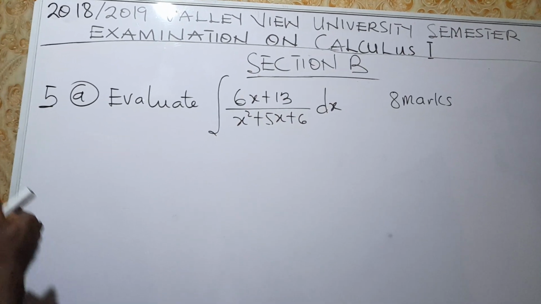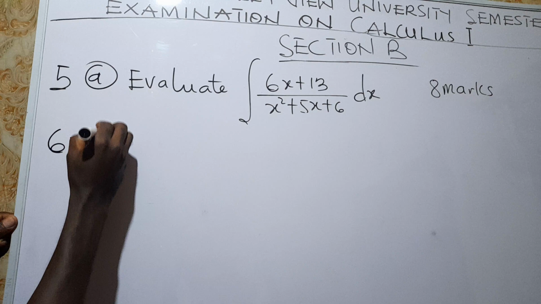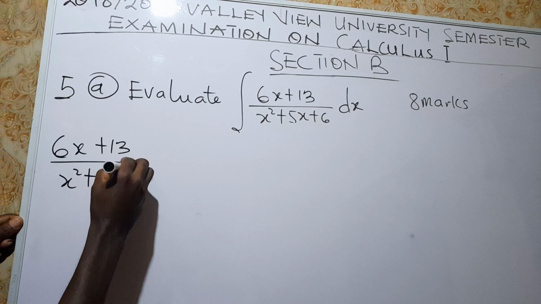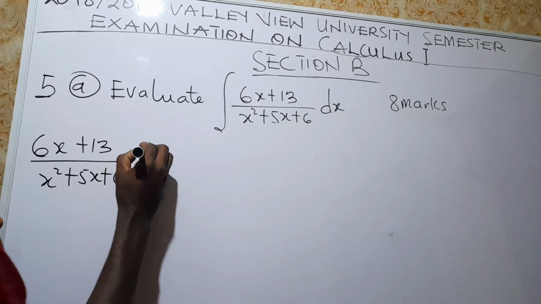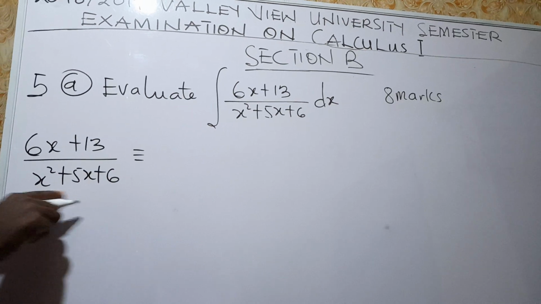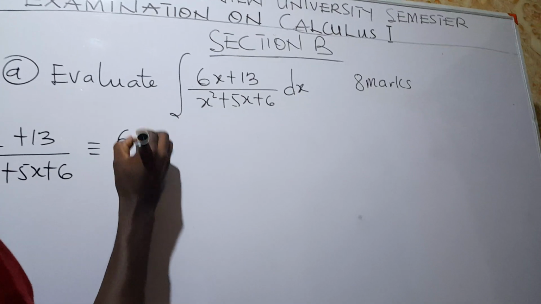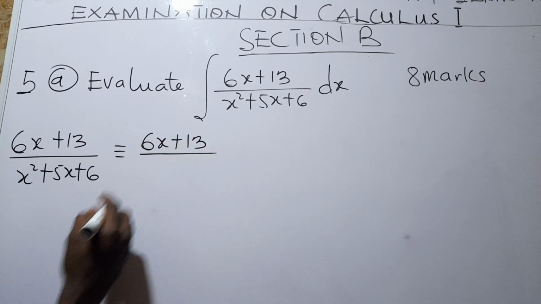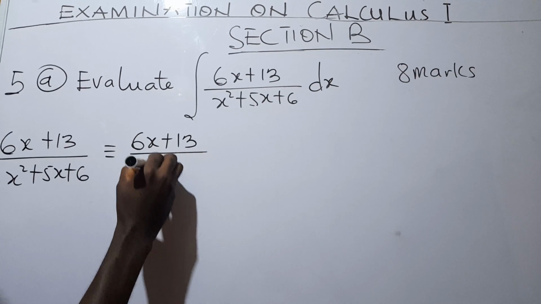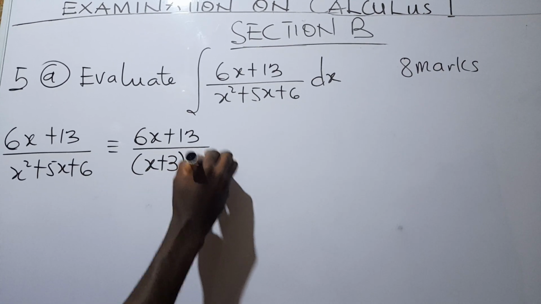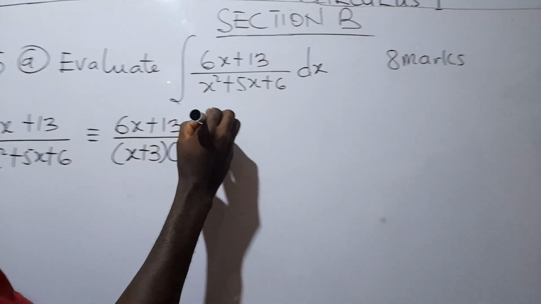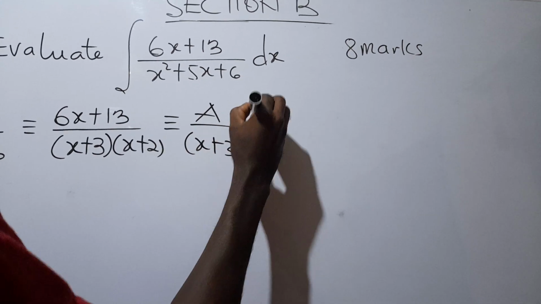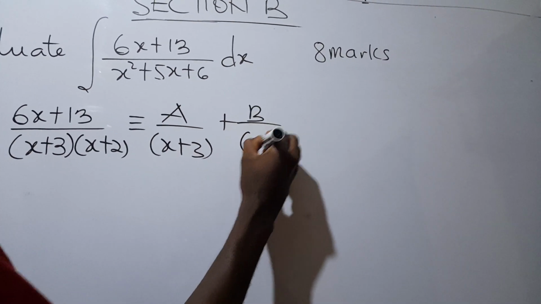After that, we integrate. So we let 6x plus 13 all over x squared plus 5x plus 6 be equivalent to, when we resolve this quadratic function, 6x plus 13 all over x plus 3, x plus 2. So we can let this be equivalent to A over x plus 3 plus B over x plus 2.